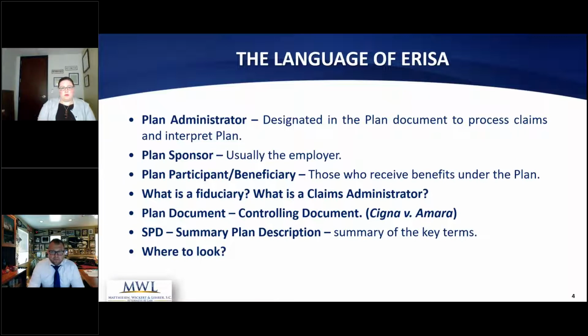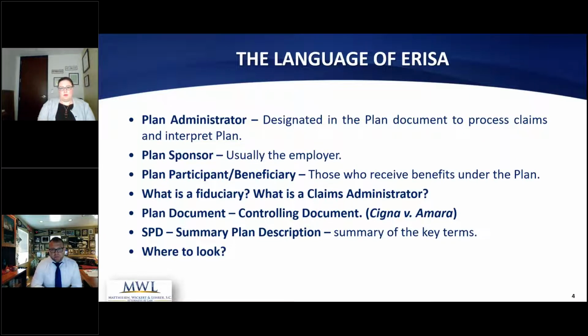But as many of you know or can imagine, not every claim is always black and white, and a lot of claims run into certain gray areas, and that's where a claims administrator, if they're not careful, can quickly turn into a fiduciary if they start making certain discretionary decisions about what is or what isn't covered, or they start handling appeals and making discretionary determinations about whether something is medically necessary or certain determinations that maybe are better left for the designated plan administrator or named fiduciary.